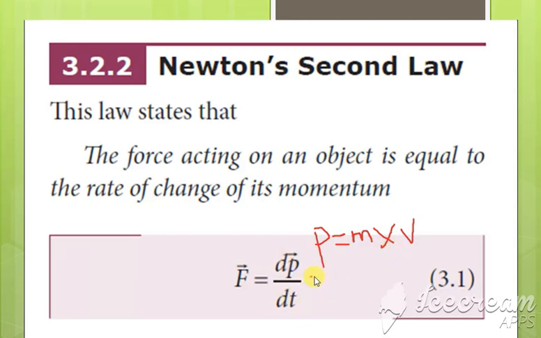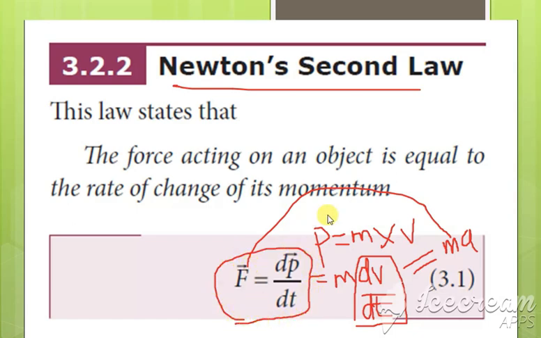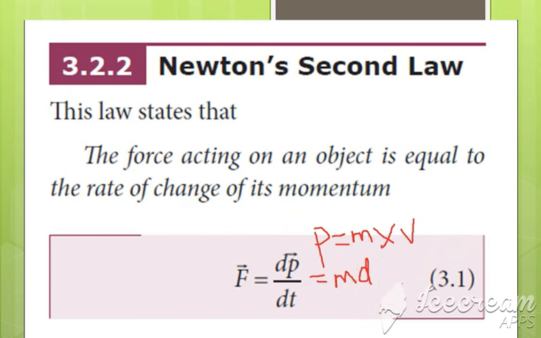And now when you substitute, you will get m into dv divided by dt, because mass is constant, we cannot differentiate the mass, so I am writing dv by dt. What is the value of dv by dt? That is equal to a, is it not? So I am writing this as m into a. So F is equal to m into a. This is the other equation for Newton's second law. So one equation is F is equal to dp by dt, the other equation is F is equal to m into a. So these are the two equations for Newton's second law, okay.